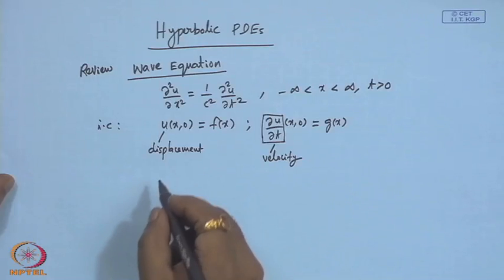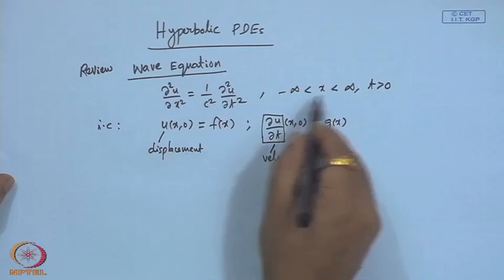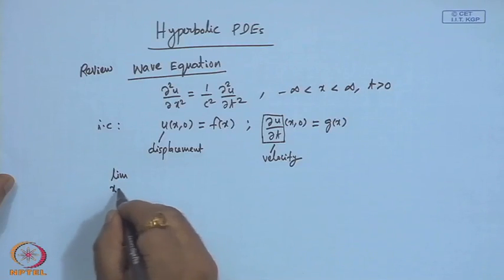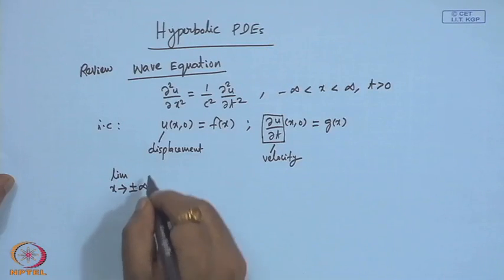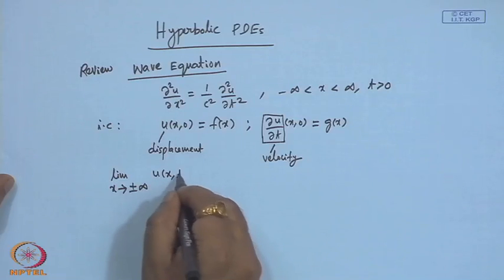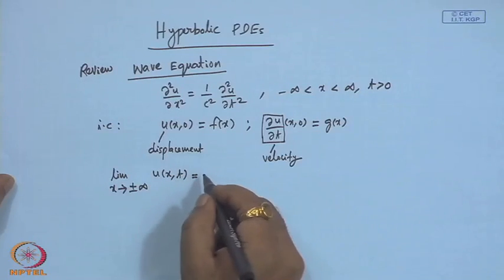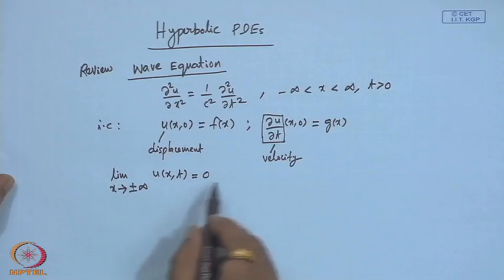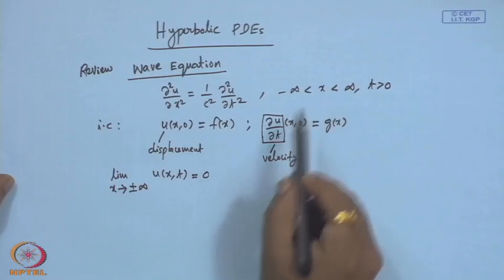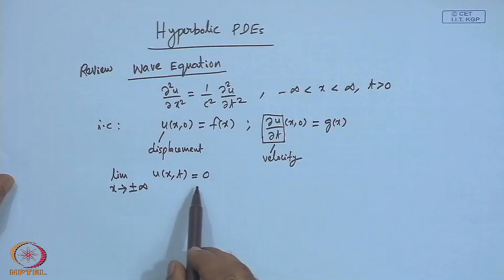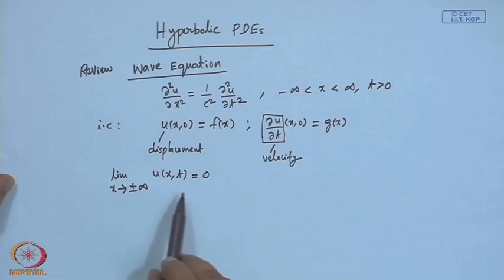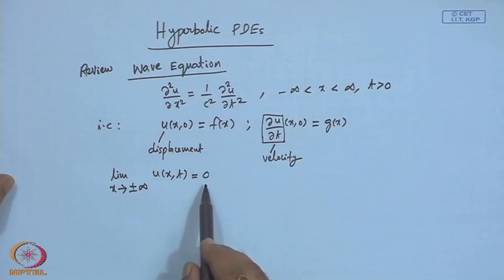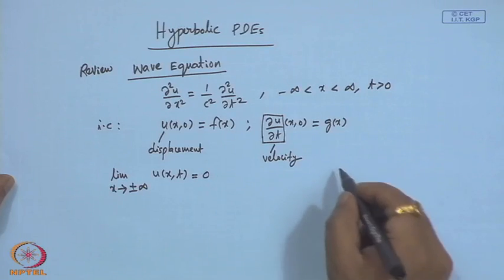So, we are looking for the solution, and in the present case, since it is infinity, I would like to put the displacement vanishing at far field. Though for fixed boundaries one may have a function of t, in general in the far field displacements are vanishing.